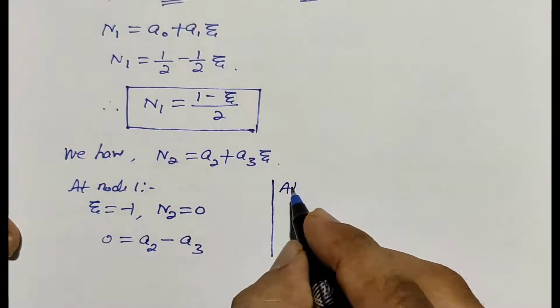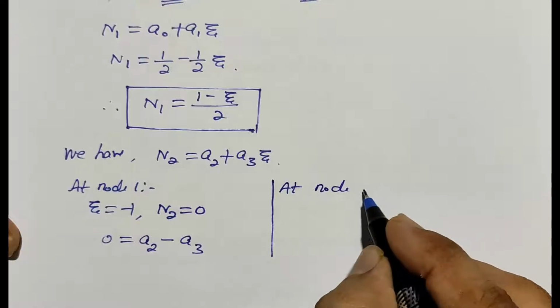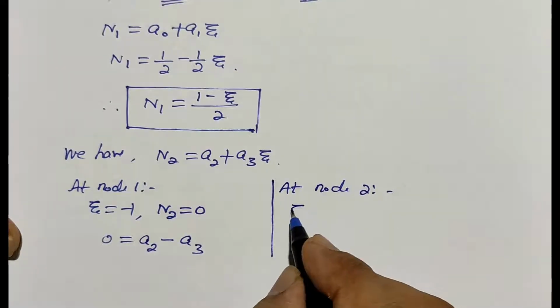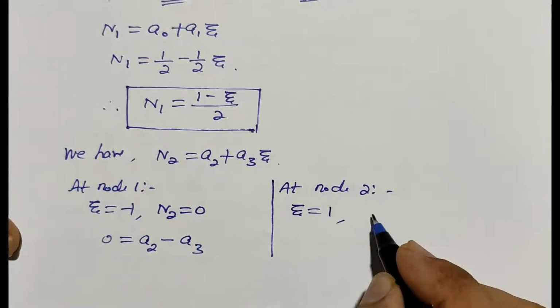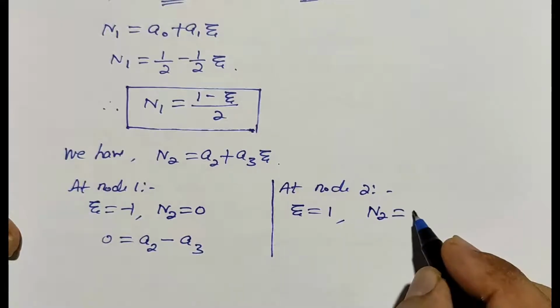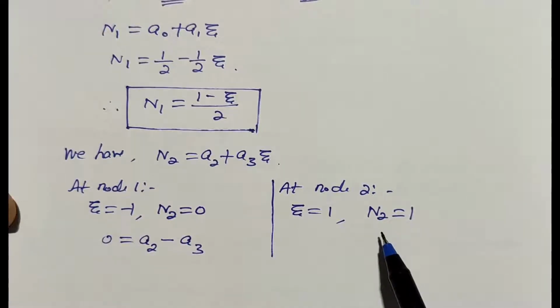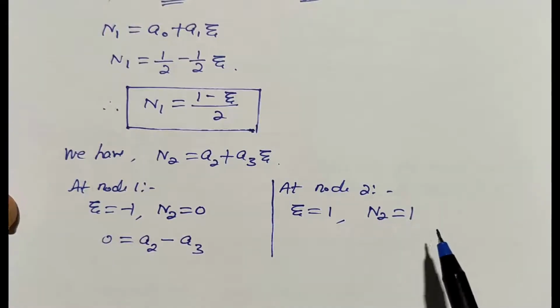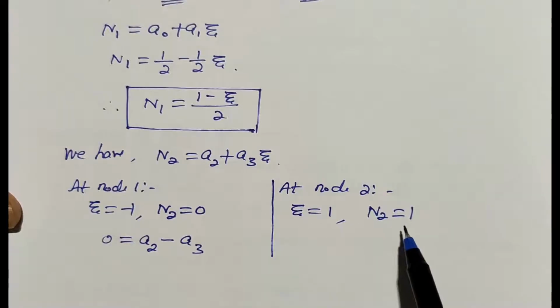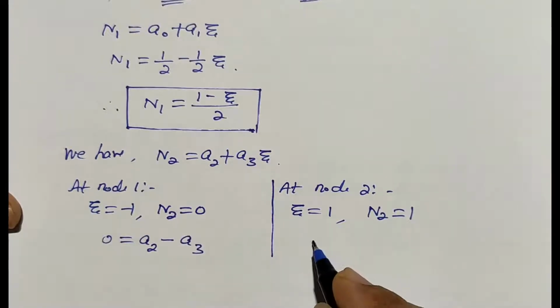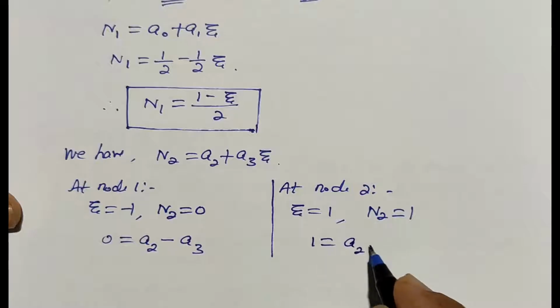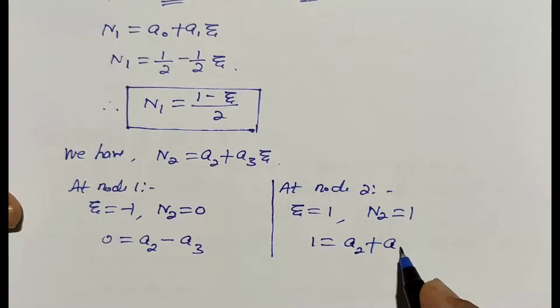Next, at node 2, zeta is 1 and the value of N2 will be 1 because N2 corresponds to node number 2. At corresponding nodes, the value of shape function will be equal to 1. Therefore, N2 is equal to 1. I will substitute zeta and N2 in this equation. I will get 1 is equal to A2 plus A3.